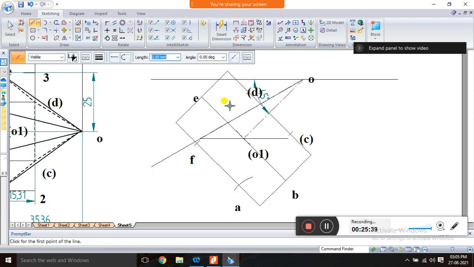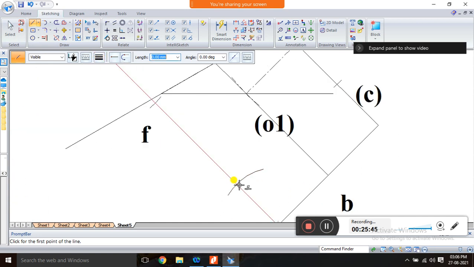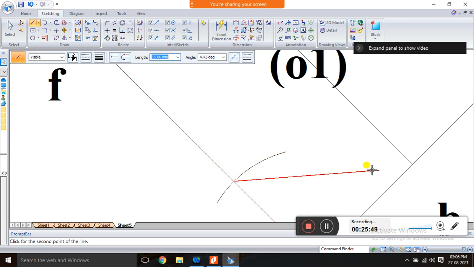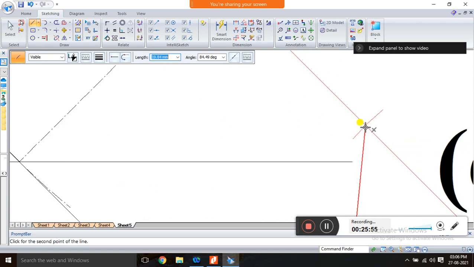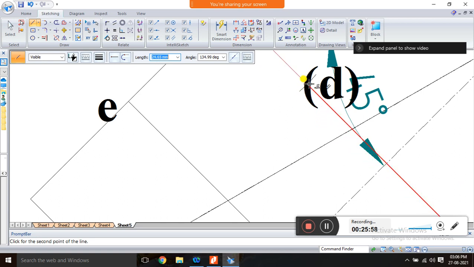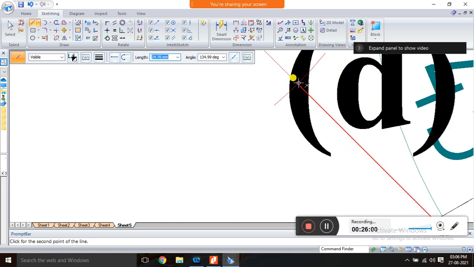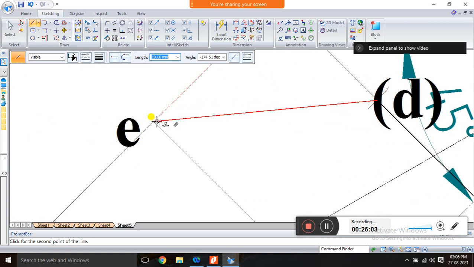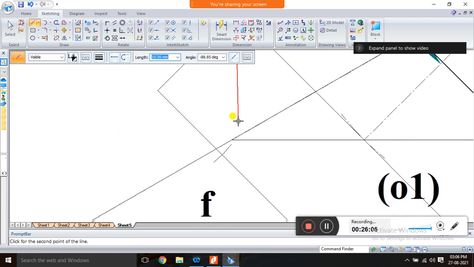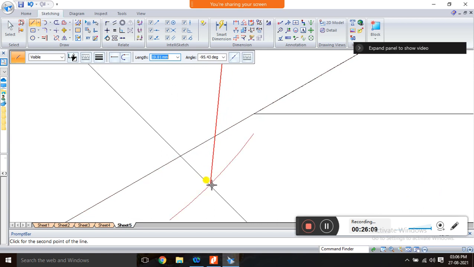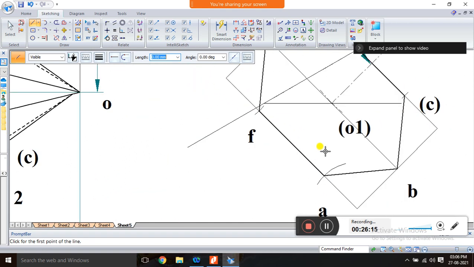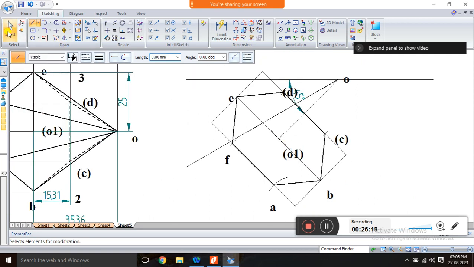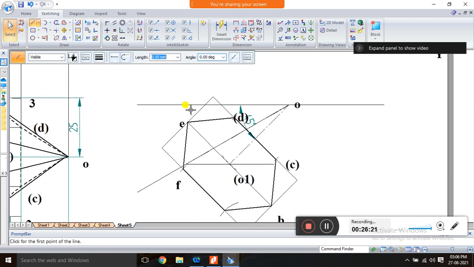And once the construction of all the points is over, then go for the joining. From here, first take A to B, B to C, C to D, and D to E, then E to F, and finally F to A. So like this you have to join all the points and make it.